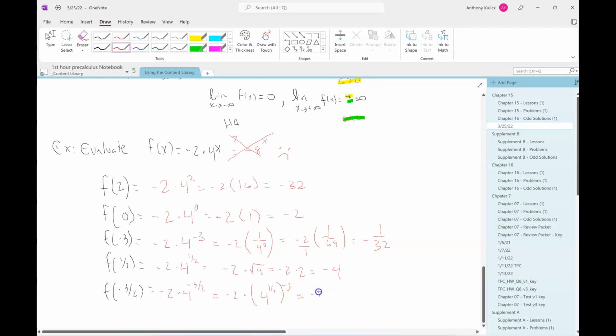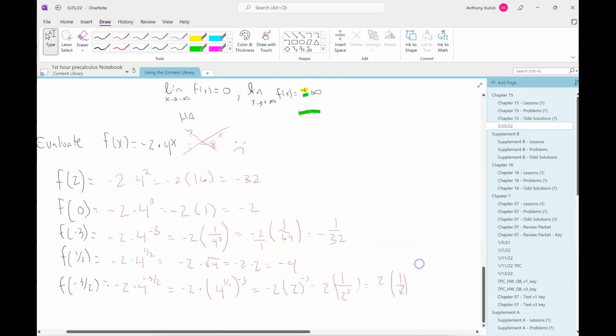Because what's 4 to the 1/2? That's just 2. And then we can use our negative exponent property just like we did before, and then multiply our fractions and reduce.